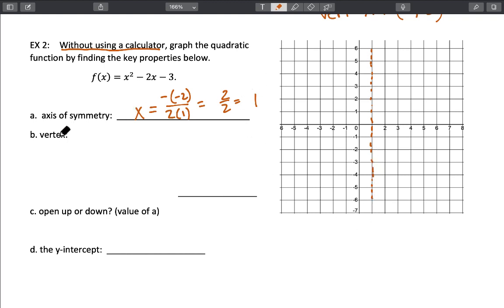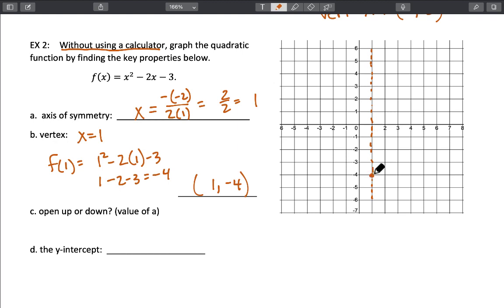Now I'm going to find my vertex. I know that my x is equal to 1, so I'm going to evaluate my function for that. That gives me 1 squared minus 2 times 1 minus 3. So 1 squared is 1, minus 2 minus 3, that's going to result in negative 4. So the vertex is 1 over and 4 down.